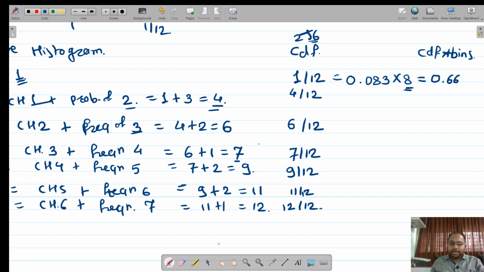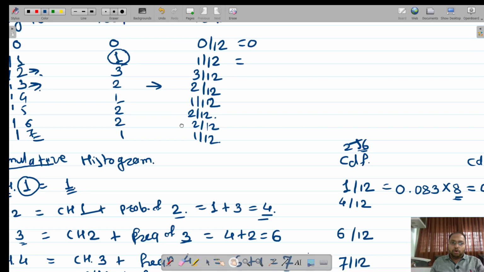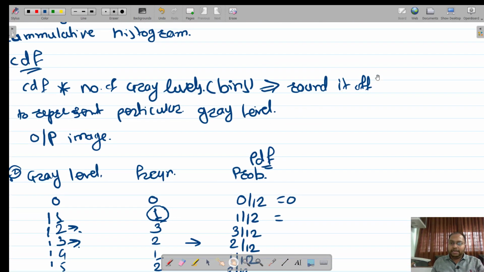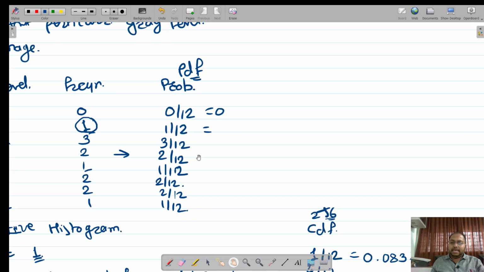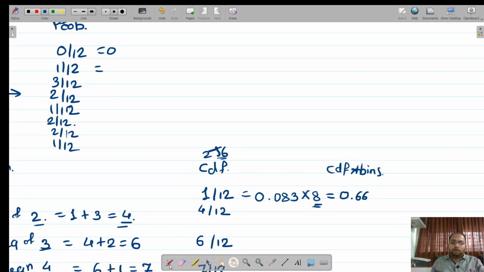And what is the next step? We are going to round it off. So 0.66 will be rounded to 1.